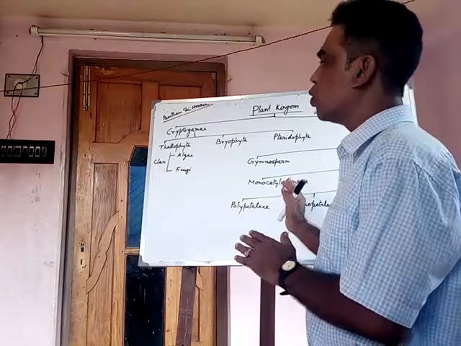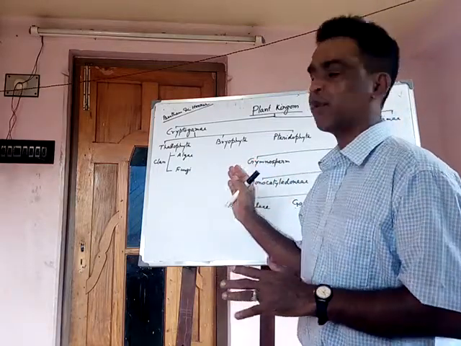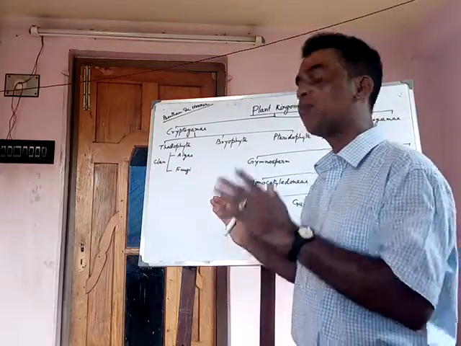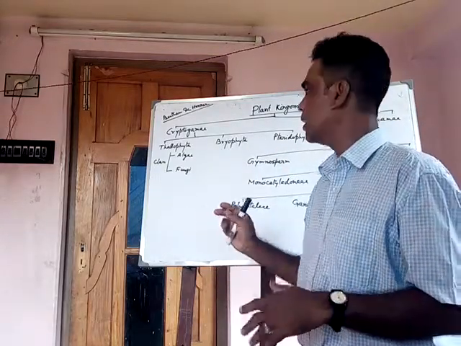It is an old type of classification of the plant kingdom, but the modern classification is of another type, a modification of the plant kingdom classification. It was coined after the classification of the scientist Whittaker.